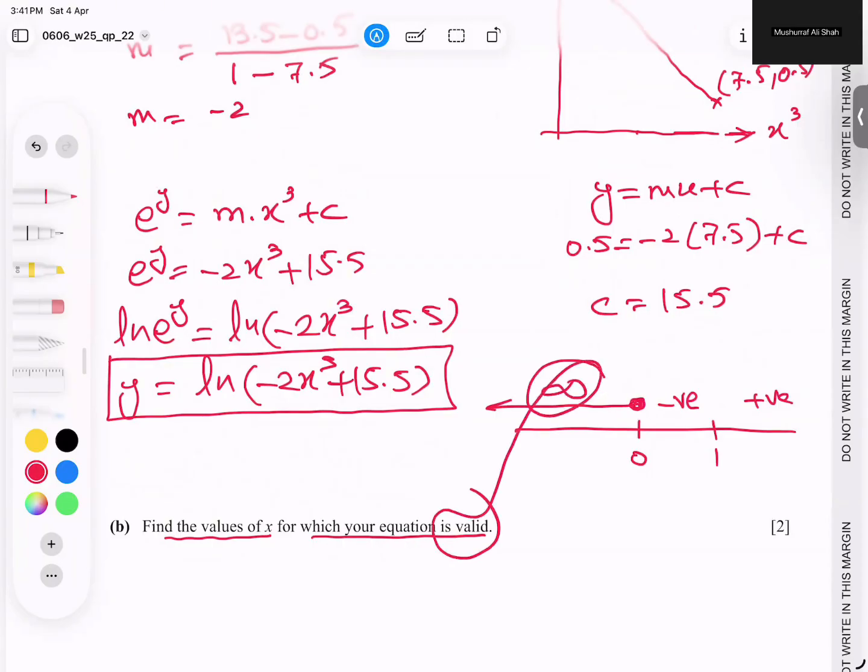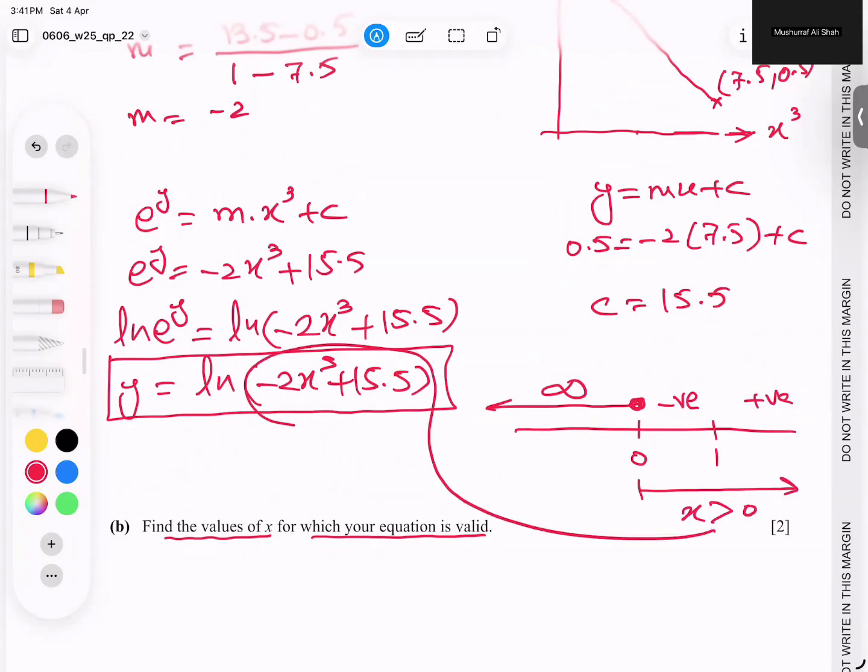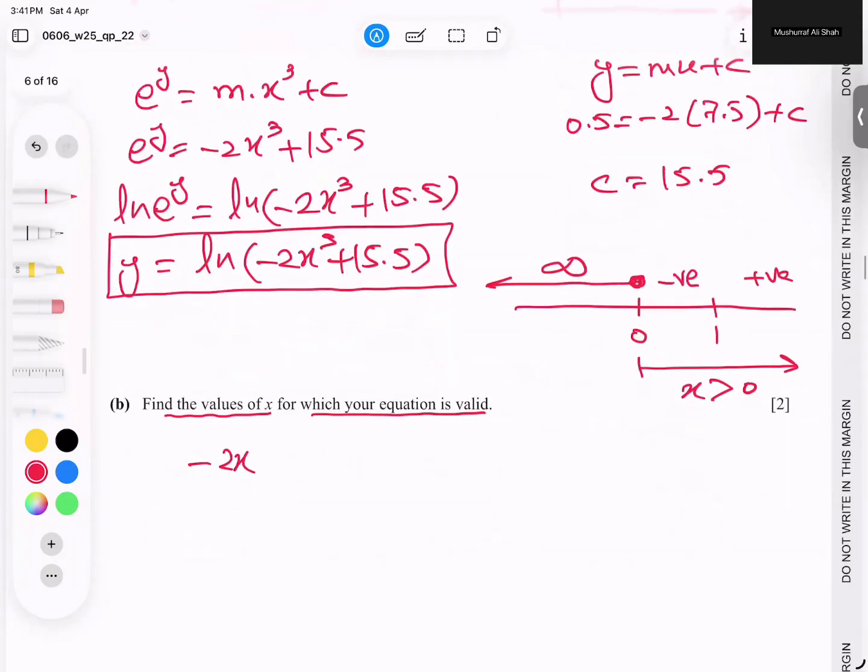Infinity means invalid. So to make it valid, the value in the bracket must be more than 0. So negative 2x cubed plus 15.5 must be more than 0. This goes to the other side: negative 2x cubed is more than negative 15.5.